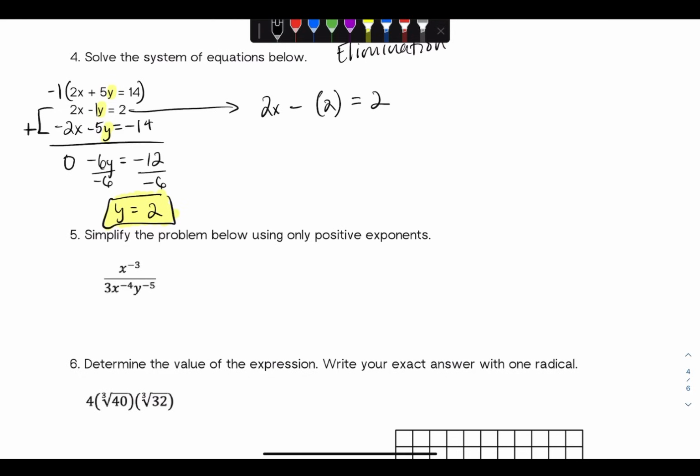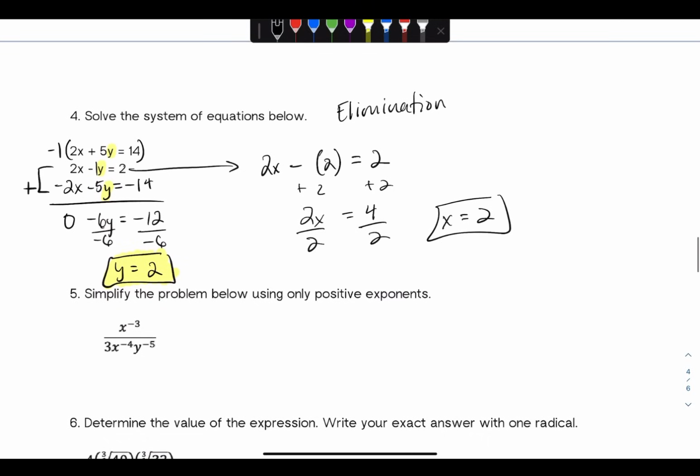And so what do I do from here? Well, I'm going to add 2 to both sides. I get 2x is equal to 4, divided by 2. And I end up with x equals 2. All right, so what is the solution to the system? Well, the solution is going to be 2, 2.